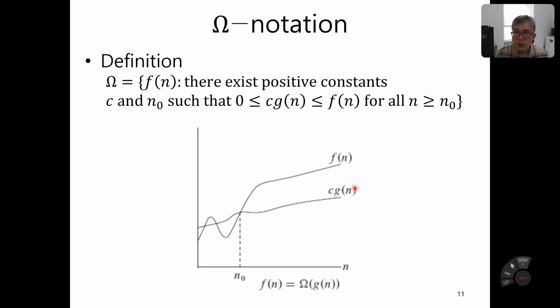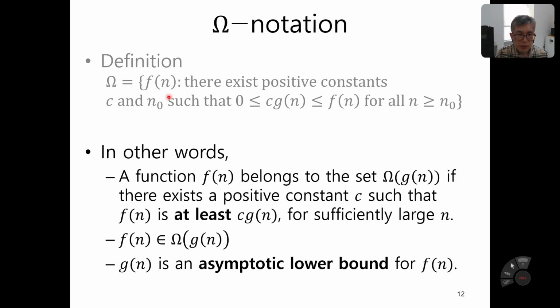So in summary, theta is sandwiched: an asymptotic tight bound. Big O is the upper bound, big omega is the lower bound. In other words, a function f(n) belongs to the set big omega of g(n) if there exists a positive constant c such that f(n) is at least c·g(n) for sufficiently large n.